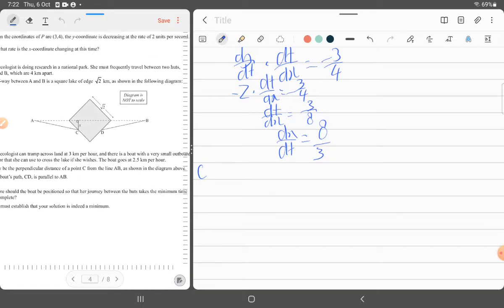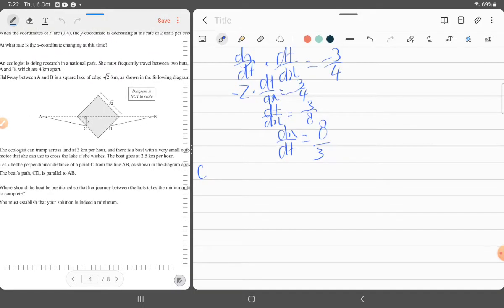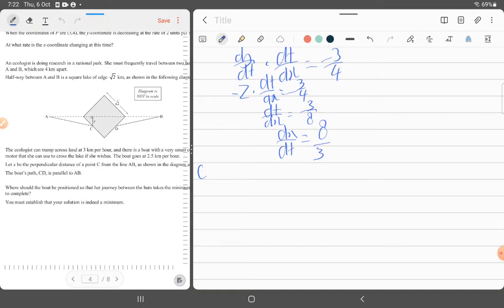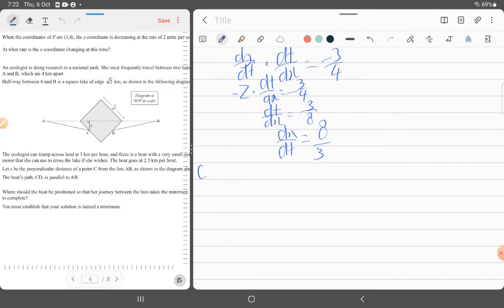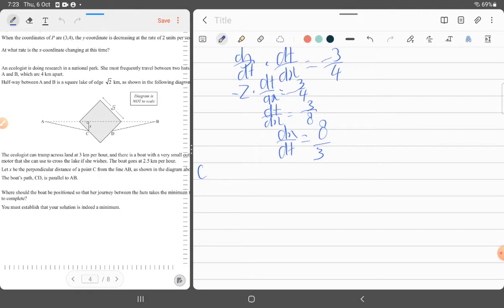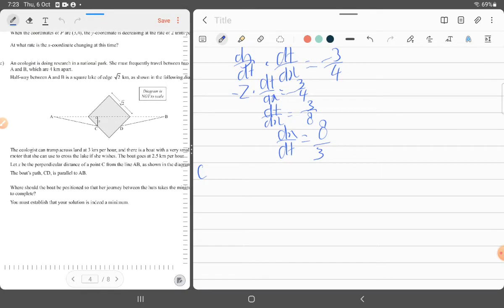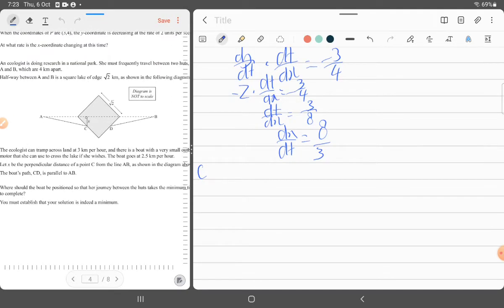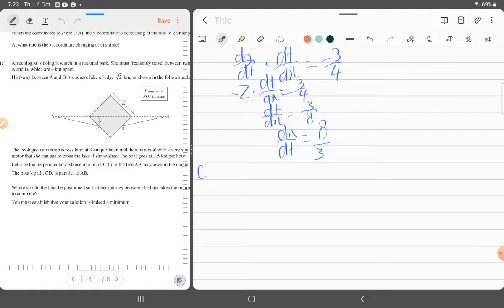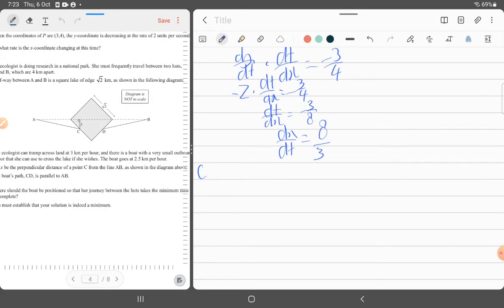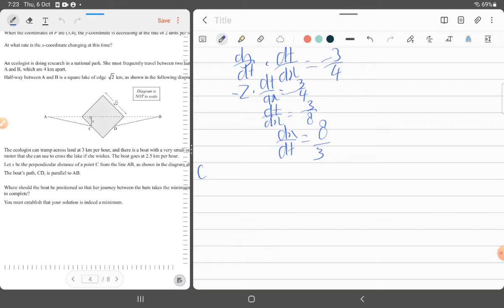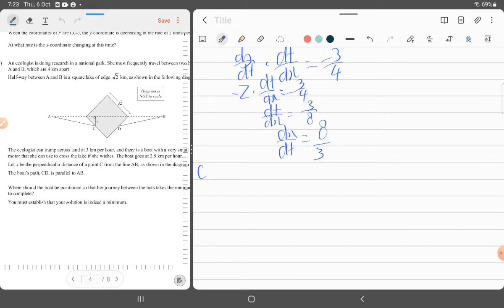The boat goes at 2.5 kilometers per hour. Let x be the perpendicular distance of a point from the line AB as shown in the diagram above. The boat's path CD is parallel to AB. Where should the boat be positioned so that her journey between the huts takes the minimum time to complete? You must establish that your solution is indeed a minimum.